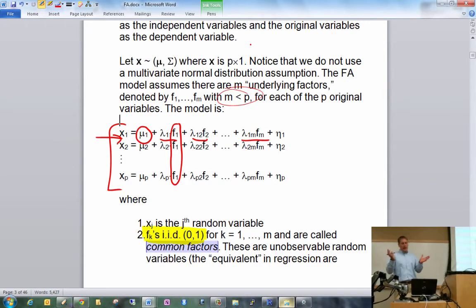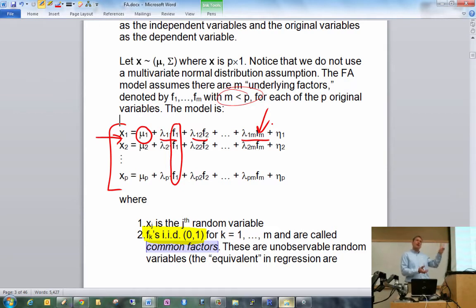Basically, you can have, as I have represented here, up to m different common factors. And our goal is hopefully to find a need for just a few common factors. Similar to how in principal component analysis, our goal was to hopefully find a need for just a few principal components. So essentially, let's say if m was equal to 2, that says we have 2 common factors.